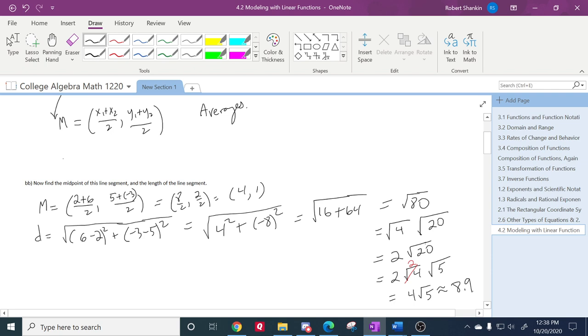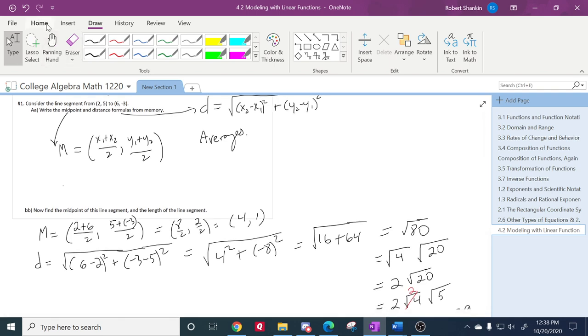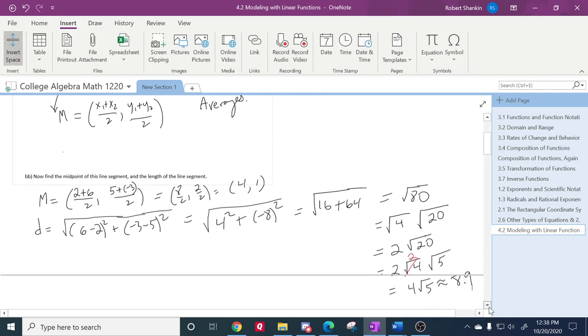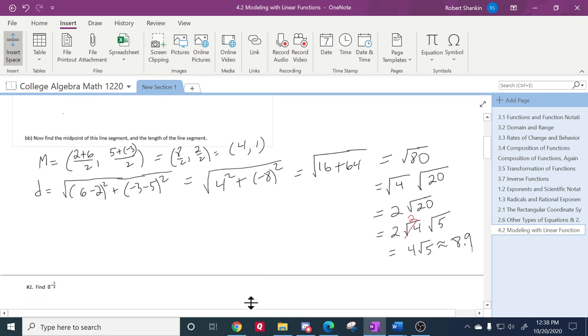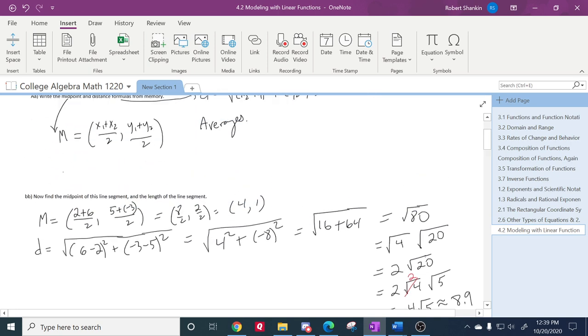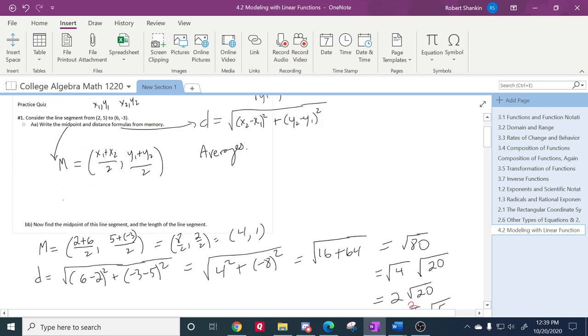Alright, so the last thing I want you to do with this, let me insert some space. First of all, draw these two points on an XY grid and show the legs of the triangle and show the midpoint, and show that all this stuff makes sense in terms of the diagram.